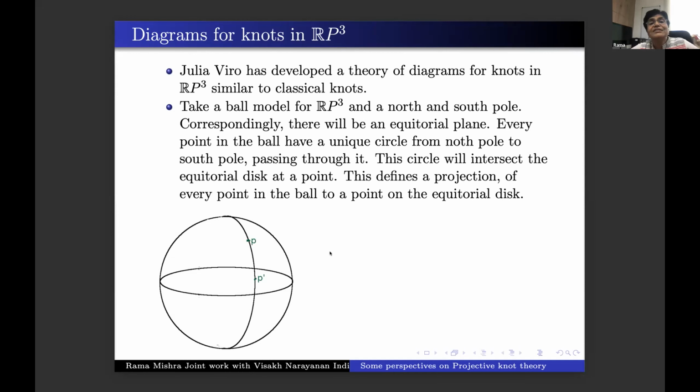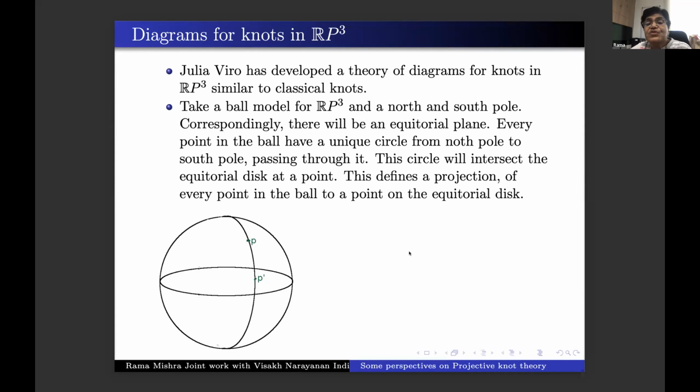We all understand what RP3 is like: you think of S3 with antipodal points identified. We can represent it by a ball model where, on the boundary, the antipodal points are identified. You take the north and south poles, and there will be an equatorial plane. Every point in the ball has a unique circle coming from the north pole to the south pole passing through it, and this circle will intersect the disk at a point.